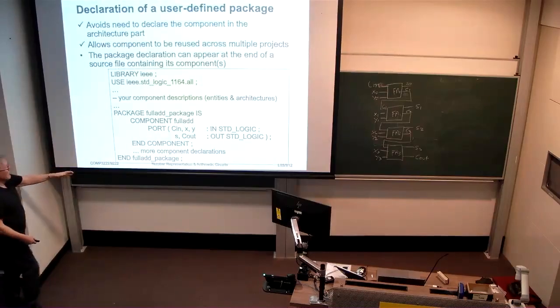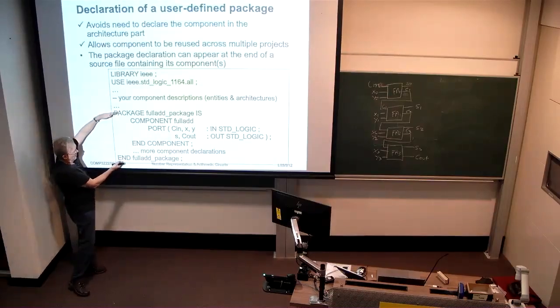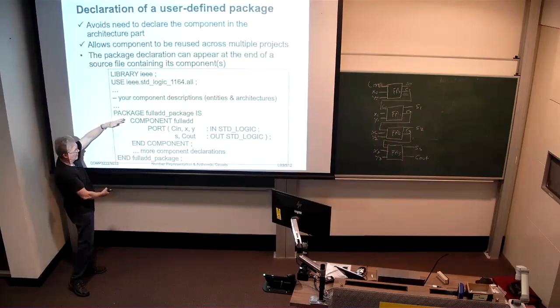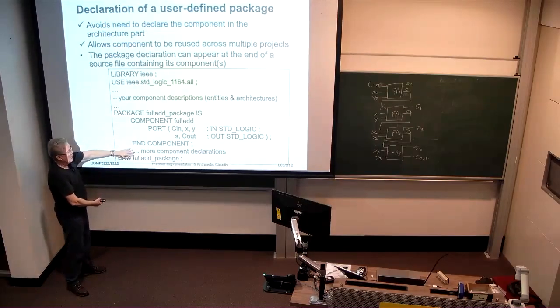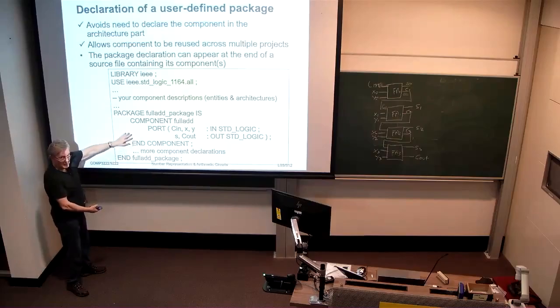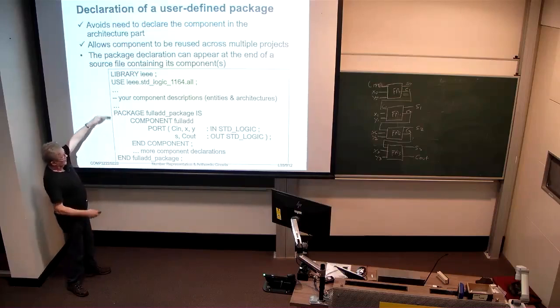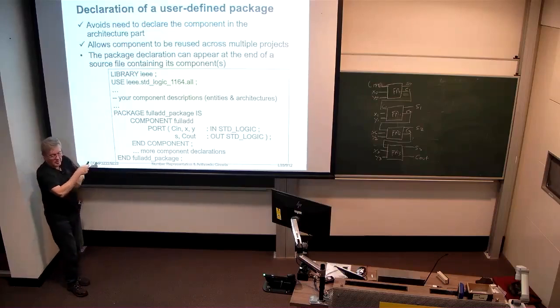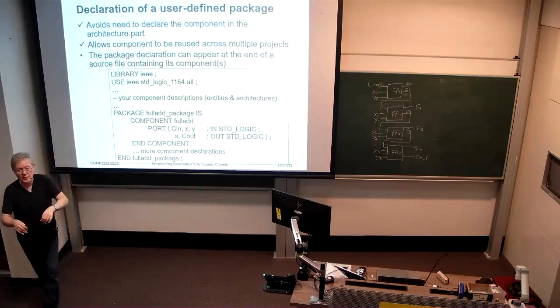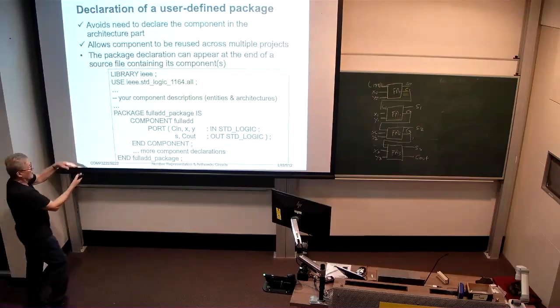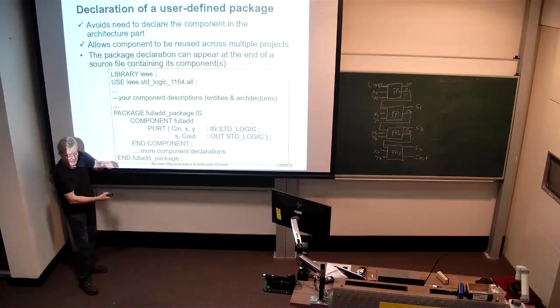You can declare your own package. This is a user-defined package, in this case just called full add package, which contains the component declaration that appeared in the architecture that you saw a moment before. This appears at the end, say, of a big source file that has all of your component descriptions, the entities and architectures of those components, and then you just create a package that has everything in it.